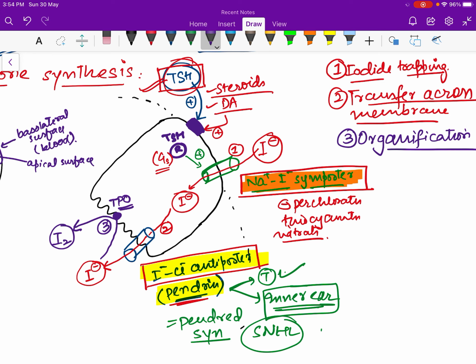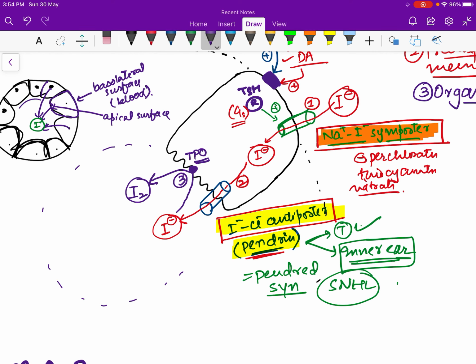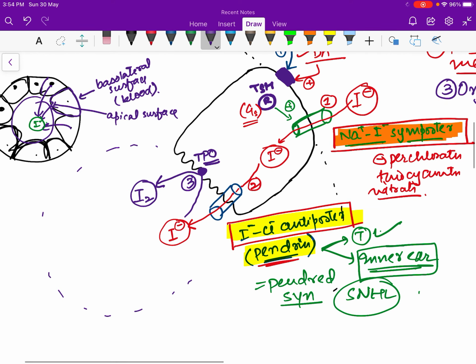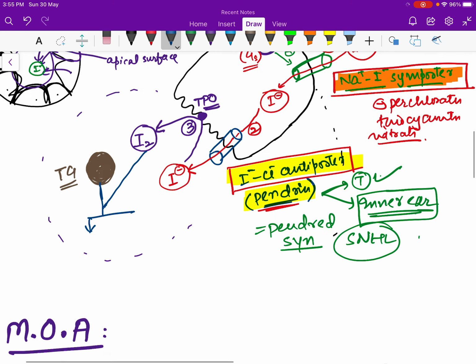After organification, this part here is the colloid. In the colloid, precursor molecules are present which are called thyroglobulin. This thyroglobulin has tyrosine residues. After this, there's going to be iodination of the tyrosine residues of thyroglobulin, and this results in the formation of two molecules. There can either be single iodination or double iodination.